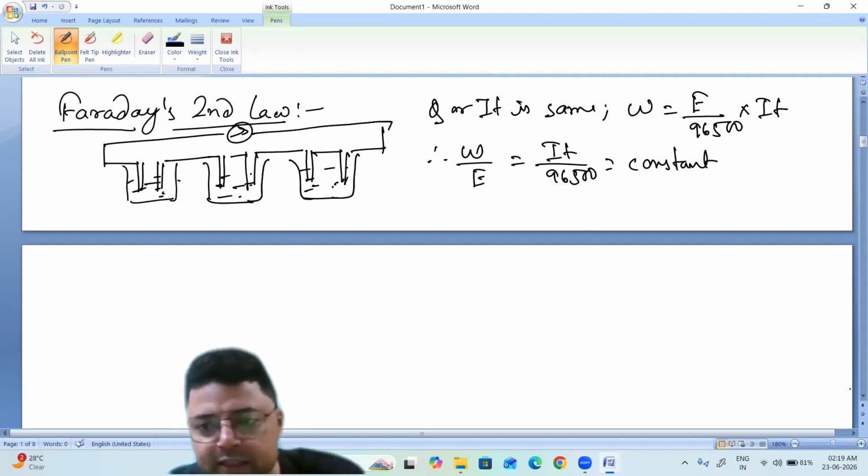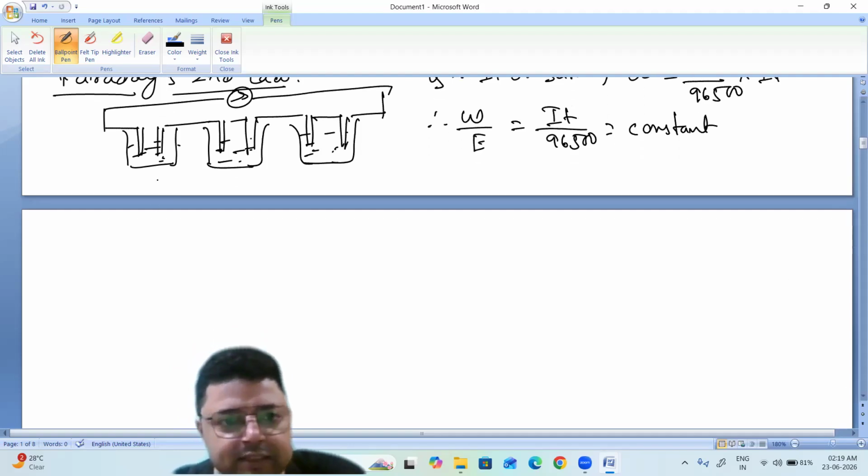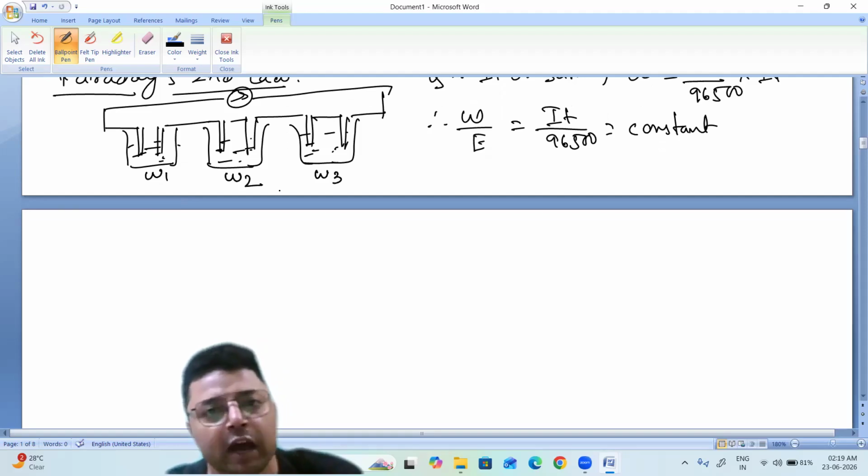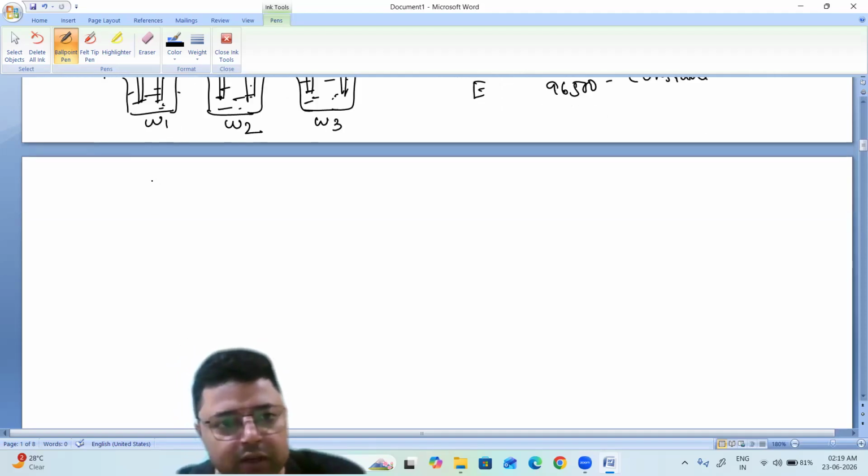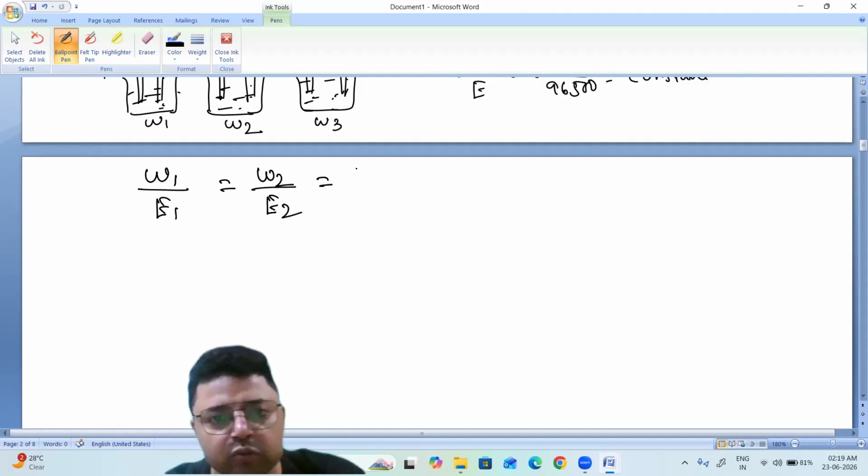So you can say that in all these cases, if here W1 is deposited, here W2 is deposited, and here W3 is deposited, meaning the weight of the ions being deposited, you can easily say that W1 by E1 will be equal to W2 by E2, and this will be equal to W3 by E3.